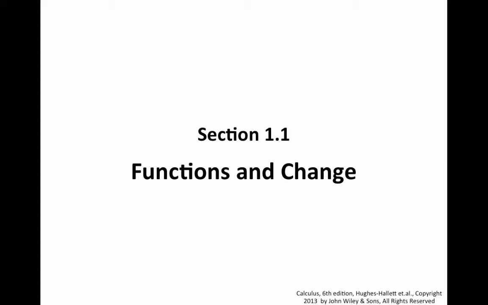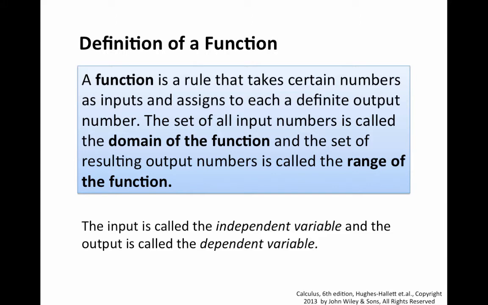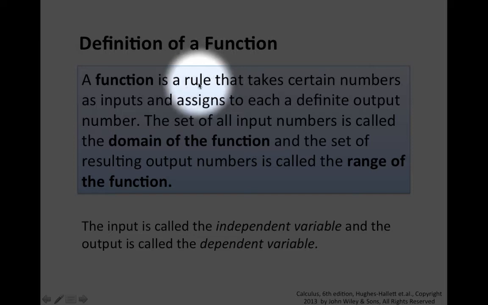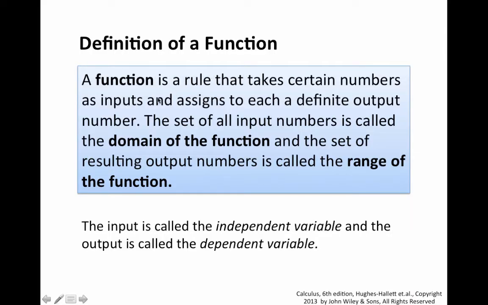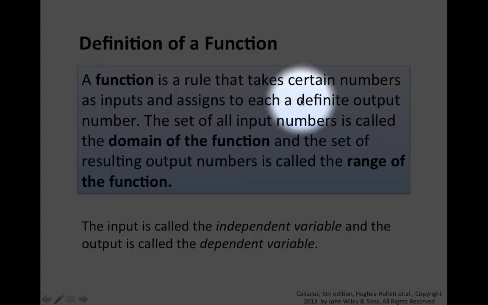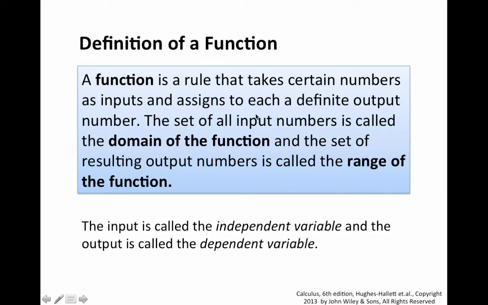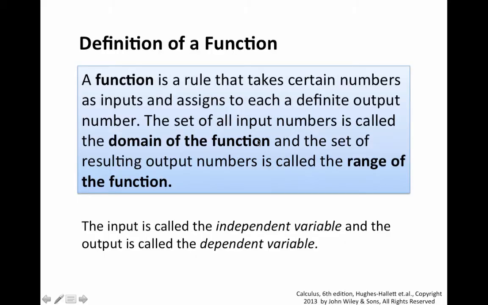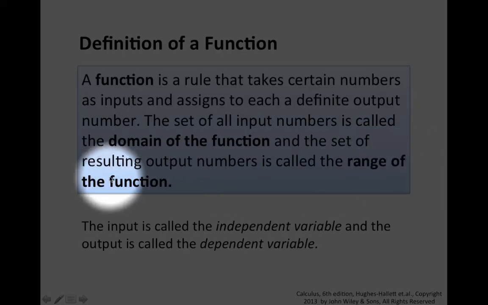Let's take a look at a definition of function, something I'm sure you've been exposed to before. Here we see that a function is a rule, so it's a relationship that takes certain numbers, called inputs, and assigns them to a definite output. Now, the input numbers are called the domain of the function, and the set of resulting output numbers is called the range of the function.